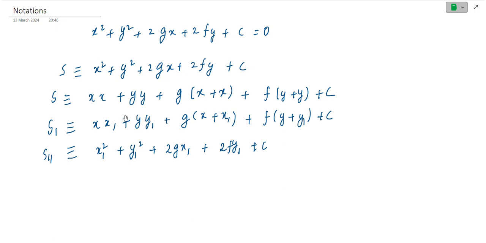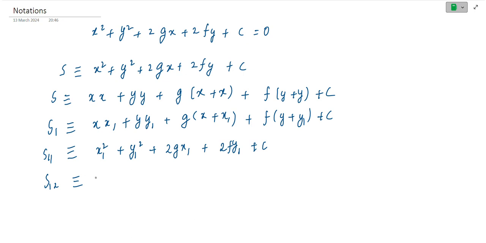Another notation is S12. Look at this S expression. We have two x's here. Replace one x with x1 and the other x with x2.